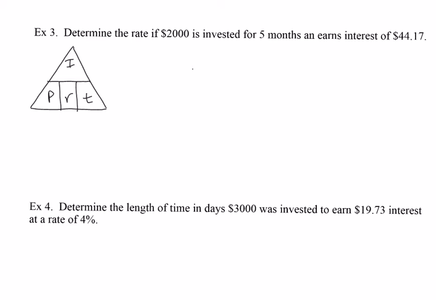In order to solve for R, all we have to do is rearrange by using this triangle. So if we cover over the R, that means R is equal to I divided by PT. Now notice how I'm putting brackets around PT. You guys tend to forget that anything that is multiplied has to be done first, and then we do our calculation.